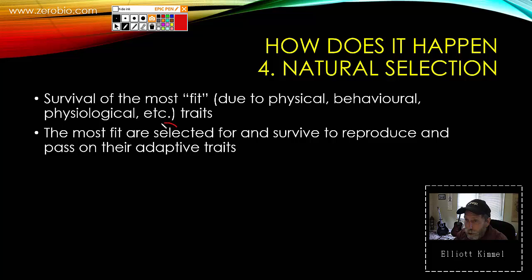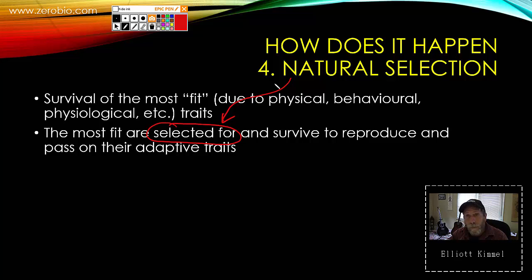Now get used to this phrasing. When someone says selected for, that means nature, not an individual, is selecting organisms to survive. So natural selection, organisms are selected for, meaning they have the best traits to survive, the adaptations to survive in that particular environment.